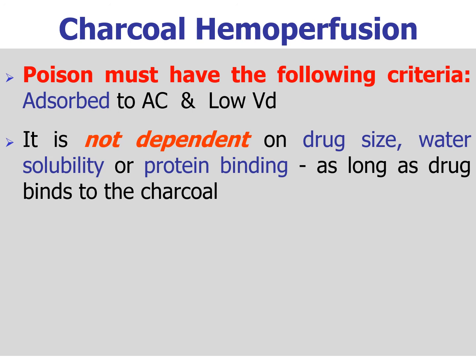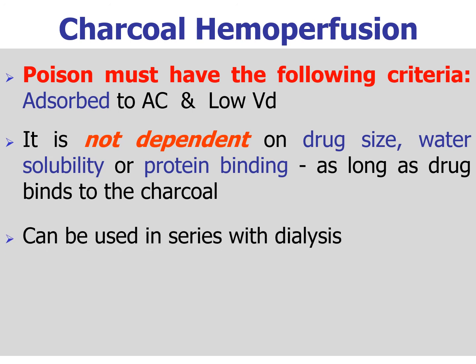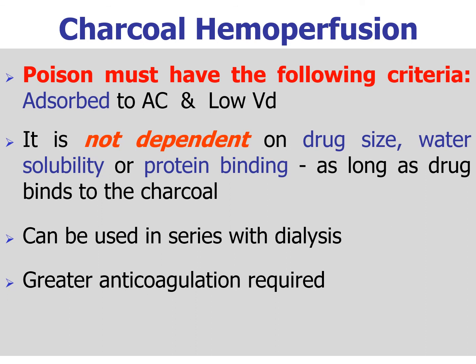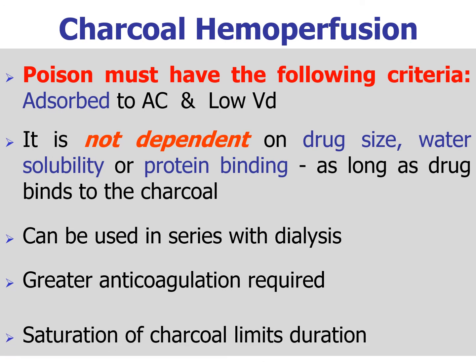Charcoal hemoperfusion sessions can be used in series with dialysis if the patient requires that. As we mentioned, we need to use anticoagulant agent to prevent coagulation of the blood. The process of charcoal hemoperfusion will stop when charcoal is saturated, so I have to change the cartridge with a new clean one.